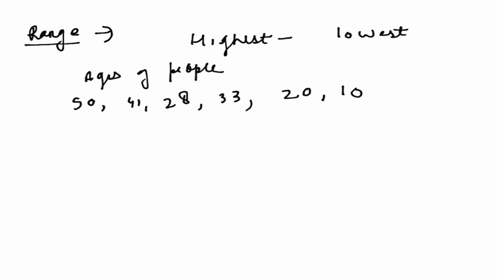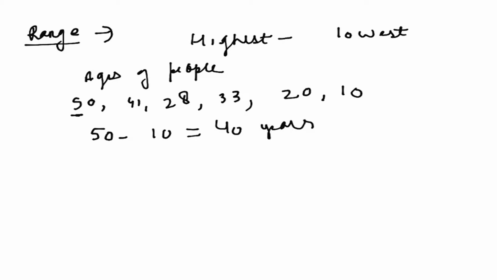So these are the ages of the different people. Now we have to calculate the range. So what is the range of age of the people? We will take the highest age, that is 50. Then we will subtract the lowest age, that is 10 over here. We will get 40. So it means the range of ages of the people is 40 years.